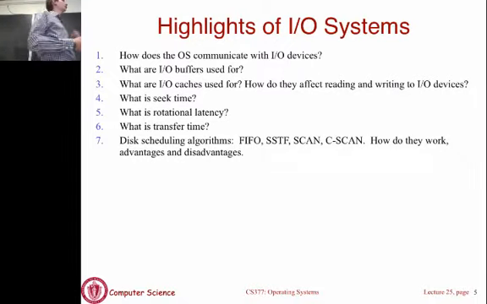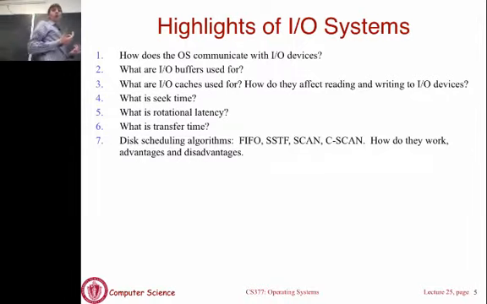Right, so that was the elevator or SCAN algorithm, and then the slight modification of that was the circular scan, right, where after you get to the end of the disk, if you have tracks 0 to 100 on your disk, then maybe you're going from 0 to 100, and then once you hit track 100, you reset back to track 0. Right, and then we said that ensures a fairer distribution of request times, regardless of whether a request is in the middle of the disk, at track 50, or at the end of the disk at track 95, for example.